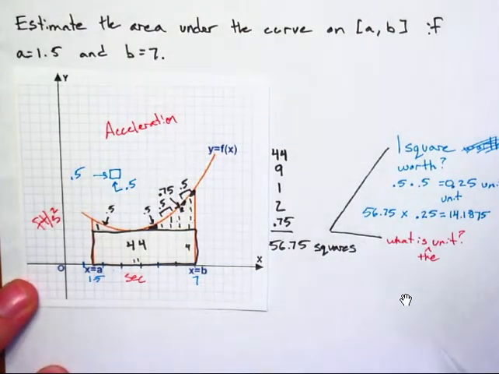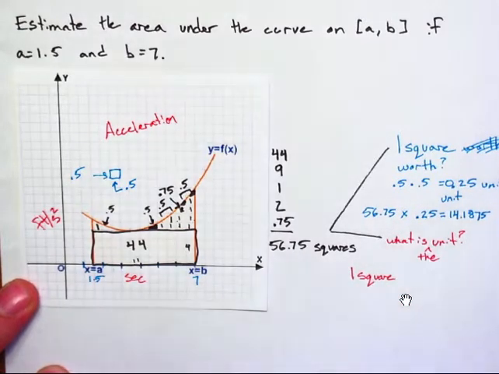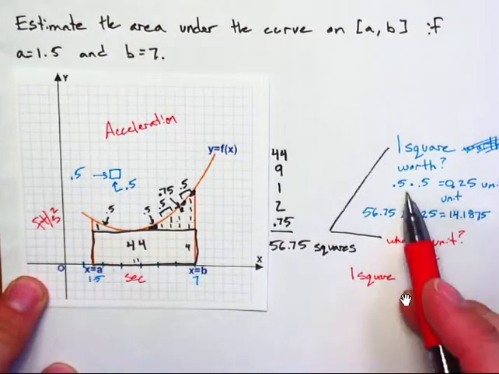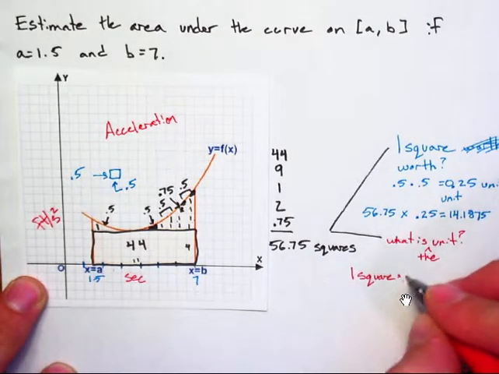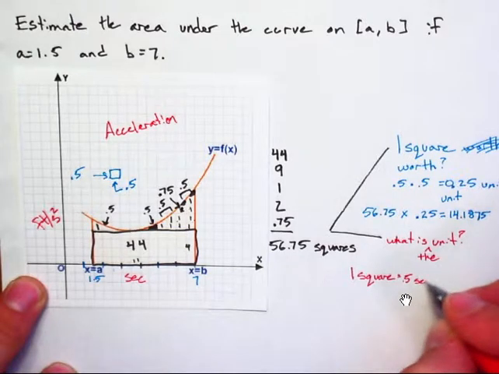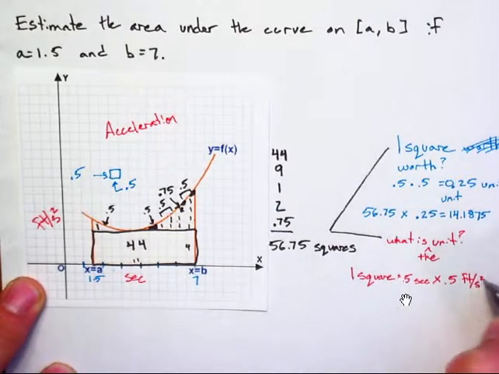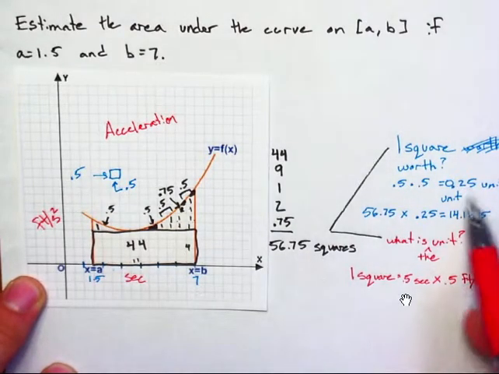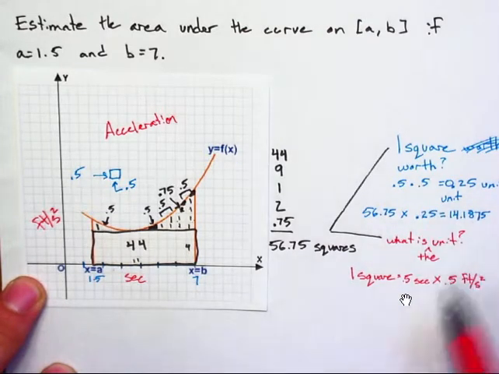So that one square now, the unit has to be something you consider. When we were working up here with the 0.5 times 0.5, now you're going to have 0.5 seconds times 0.5 feet per second squared. What did we do to get the 0.25 units? Well, we multiplied them, so that's what you're going to do with the unit of each of the dimensions.